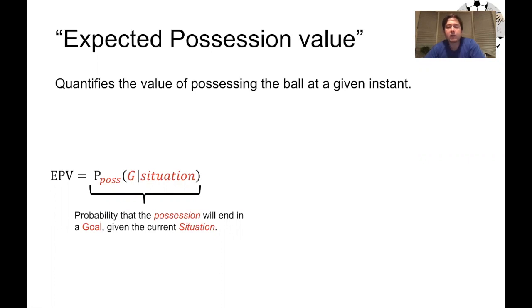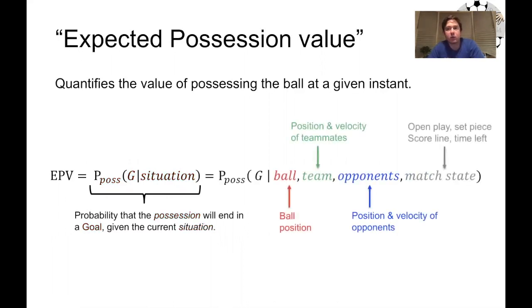Value in this context is defined as the probability that the team will go on from the current instant to score a goal at the end of the possession. Or writing this down mathematically, the probability that the possession will end in a goal, conditioned on the situation right now. And we can break the situation down into a number of different factors.